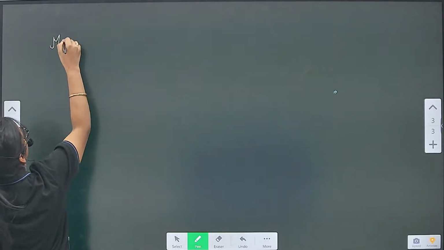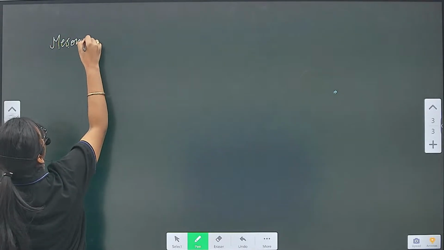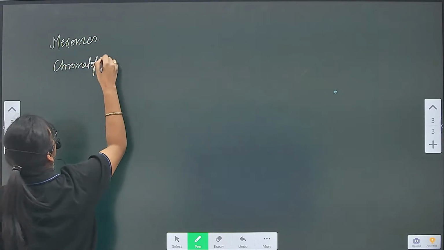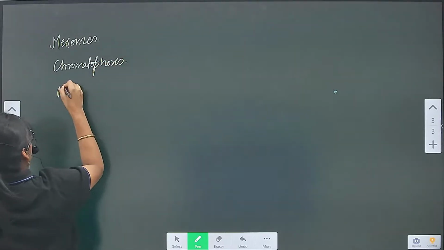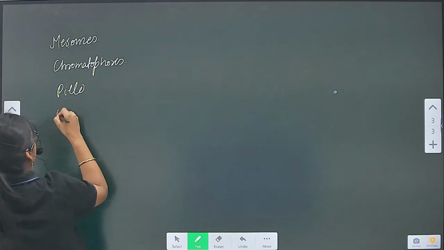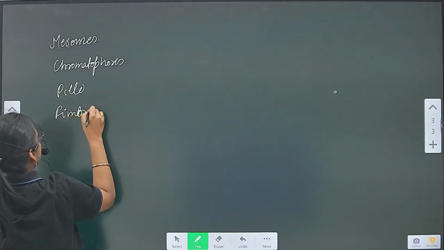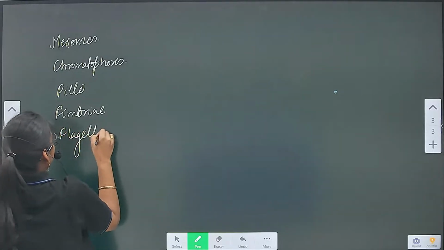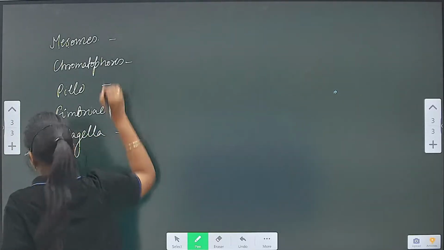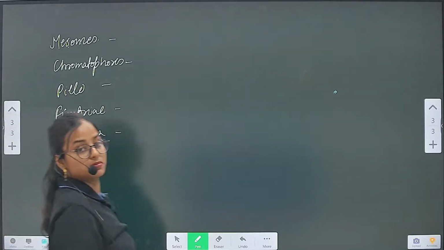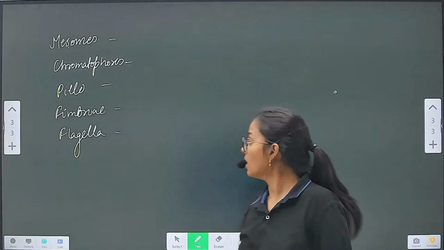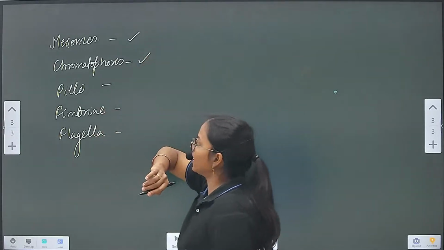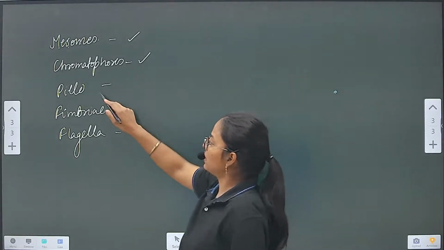So mesosomes, chromatophores, Pili, fimbriae and flagella. These are the cell membrane extensions that we need to know, out of which mesosomes we are already done, chromatophores we are already done. Now we are left with Pili, fimbriae and flagella.